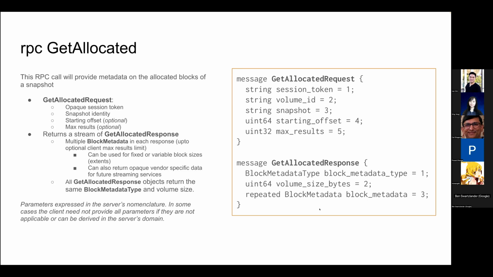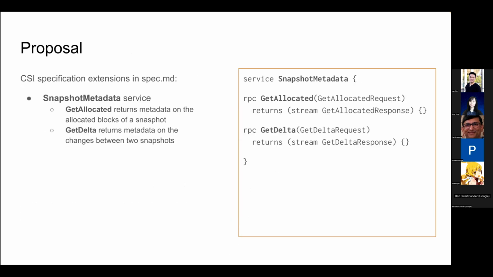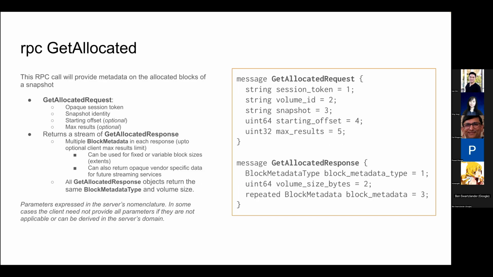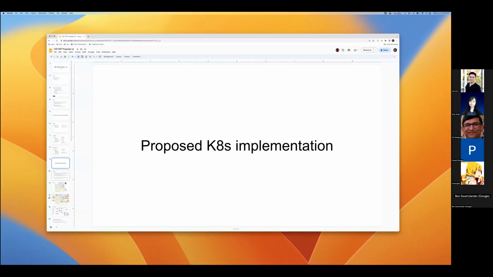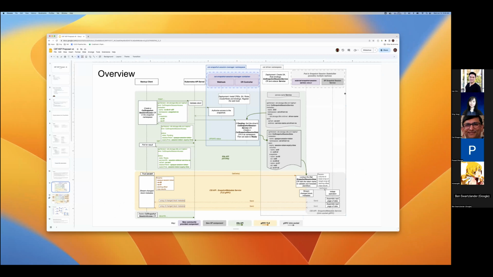So Carl, essentially, based on our current design, there are two gRPC calls. One is between the backup software and the CSI driver, and then between the CSI driver and the CSI plugin or whatever. So are we expecting to use the same gRPC spec for both calls? Absolutely. I mean, you recall this figure, right?